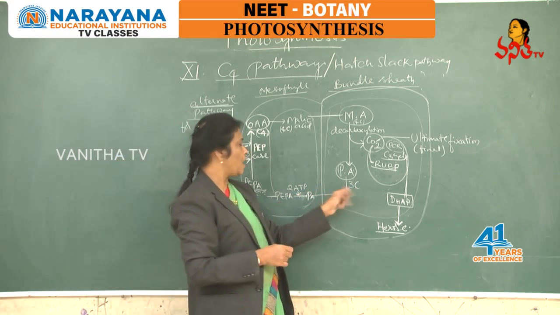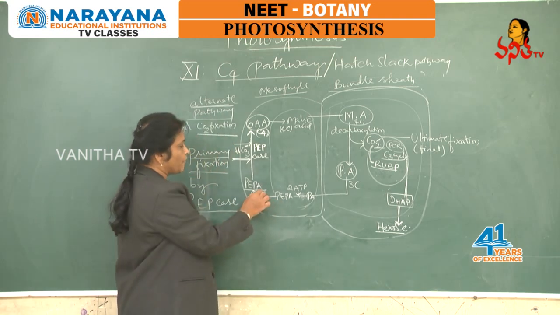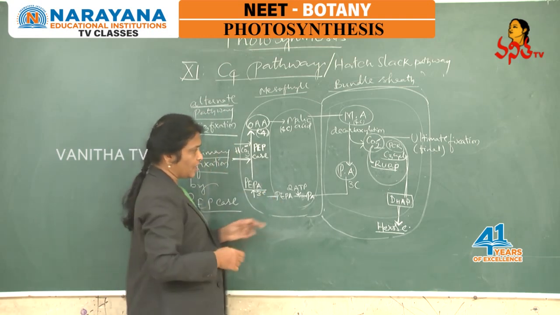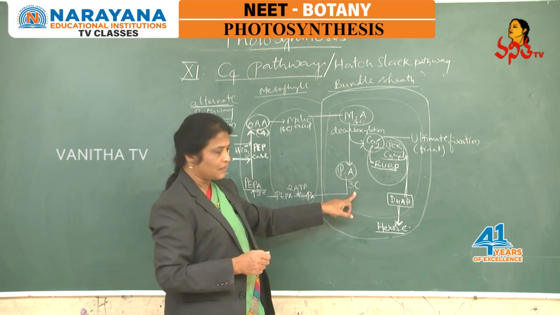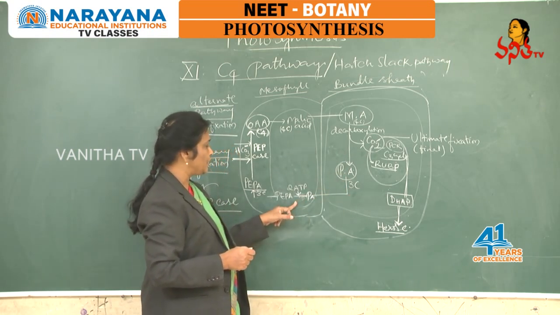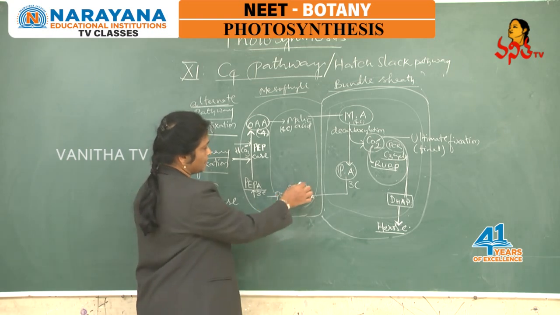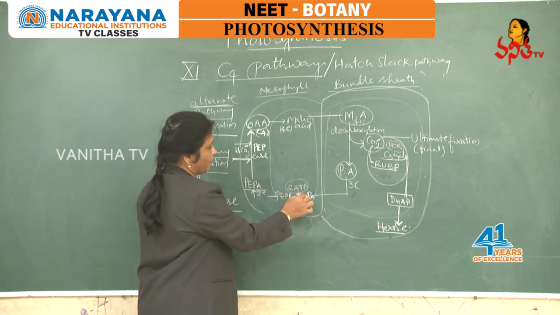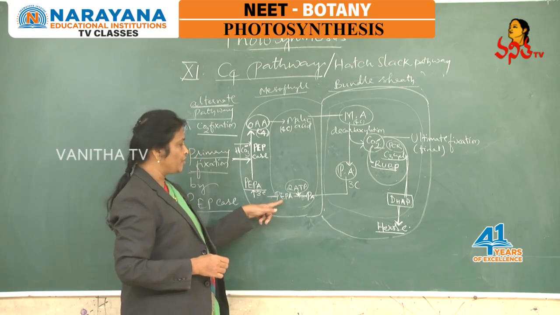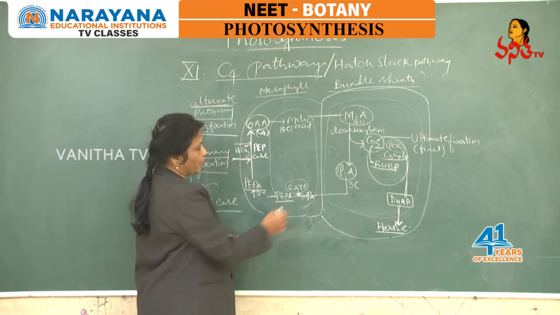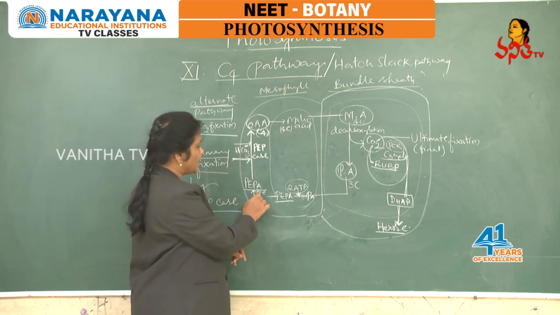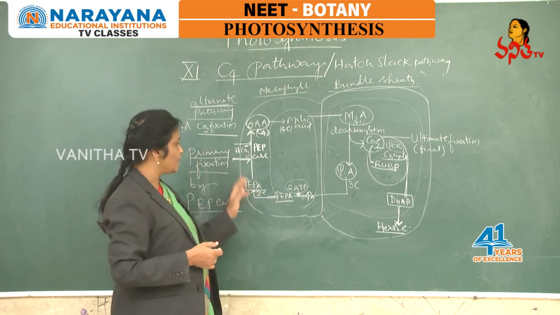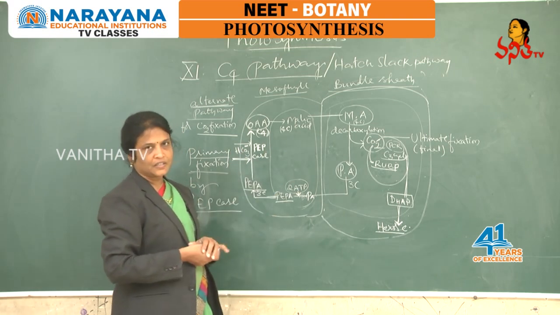Now let us see how the primary acceptor phosphoenol pyruvate is regenerated. The pyruvic acid released in the bundle sheath cells is again transported to the mesophyll cells, utilizing some extra ATP. For one molecule, 2 ATP extra are utilized and it is converted into phosphoenol pyruvate. So phosphoenol pyruvate is regenerated and added to the mesophyll cells again, and the process goes on continuously.